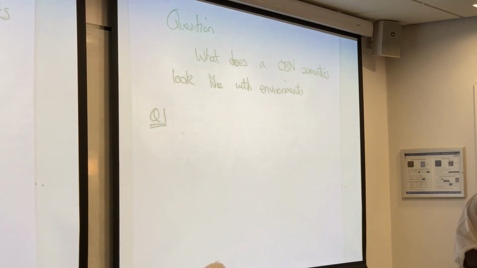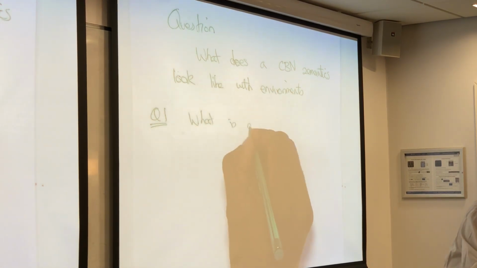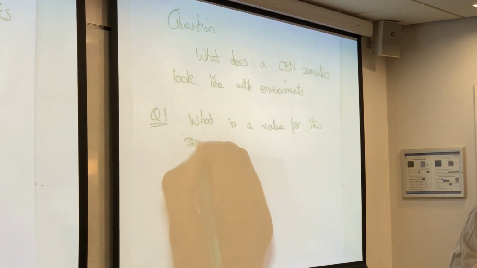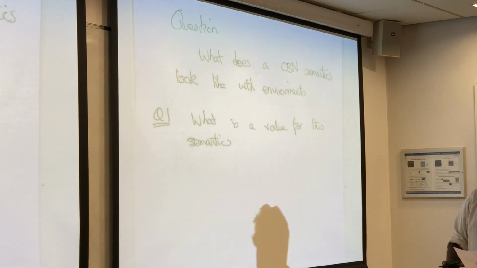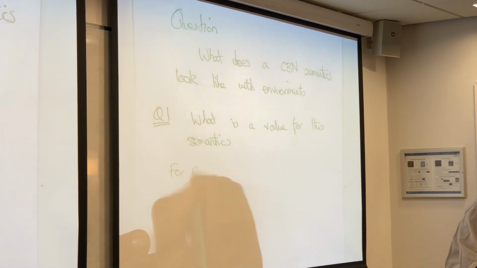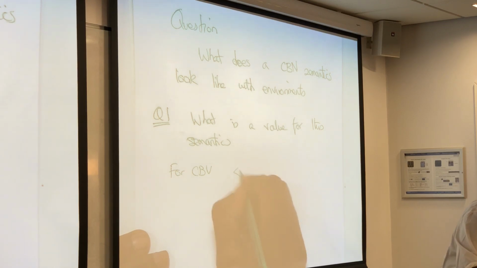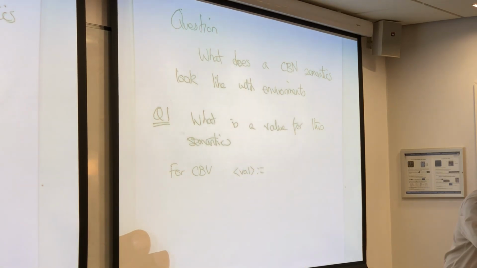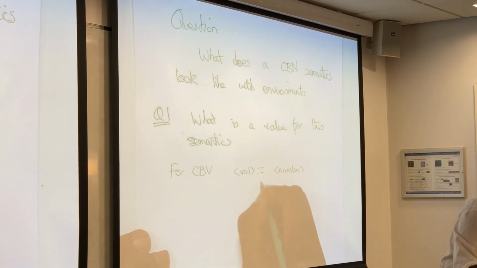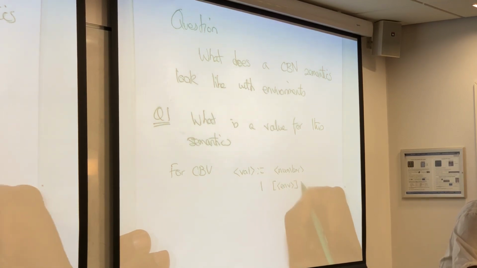The first part is what is a value for this? I'll remind you that when we did call by value, the value was either a number or an environment and a variable arrow a term.